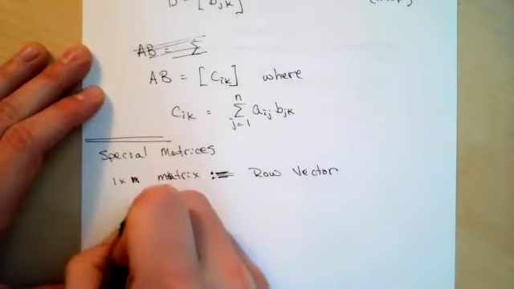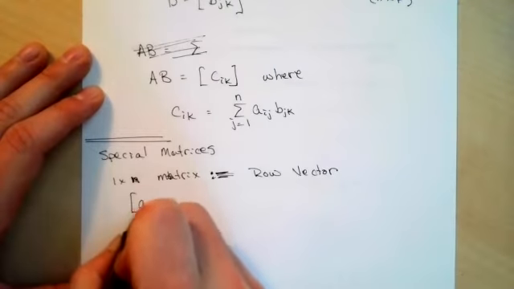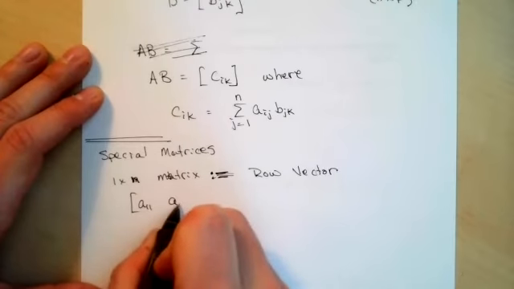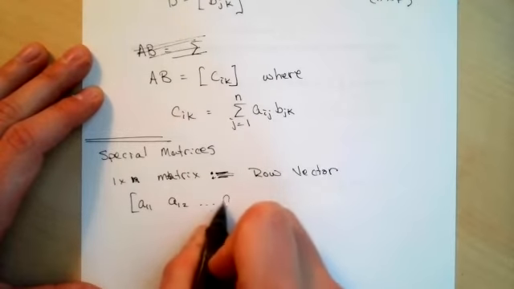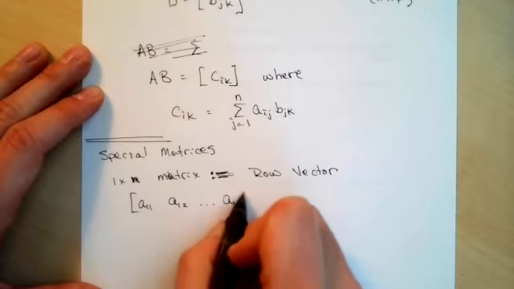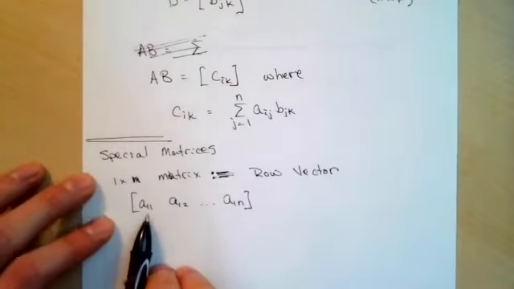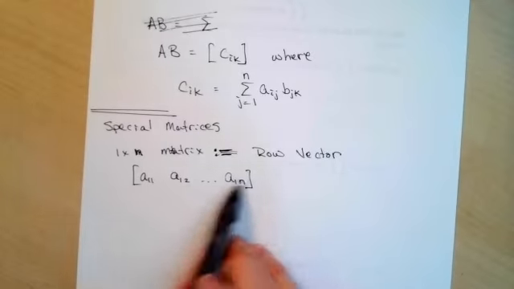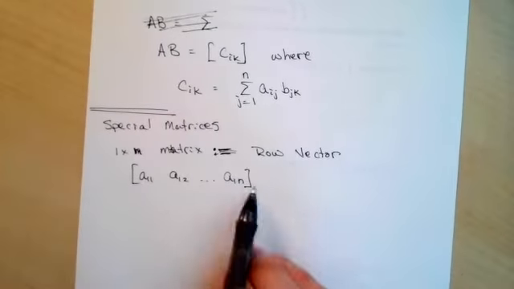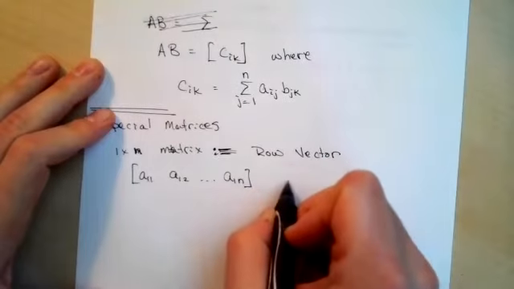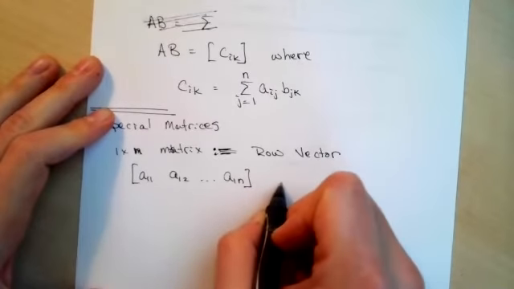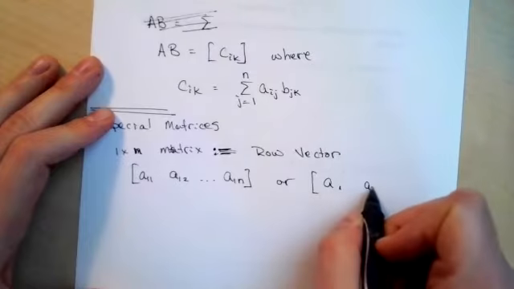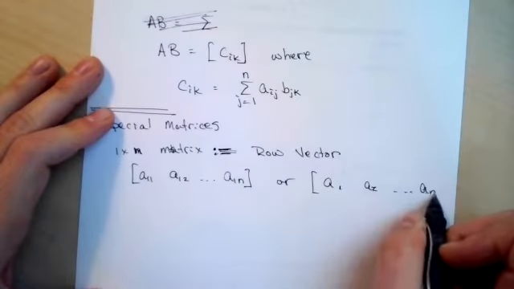So of course, this is just going to be essentially like A1,1, A1,2, up to A1,n. If we're just working with a vector of one dimension, we won't put both of the coordinates since there's only one row. So more commonly, we will write it as A1, A2, up to An.